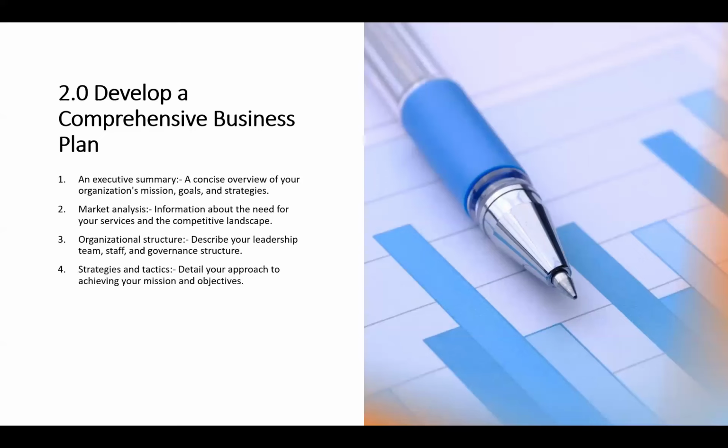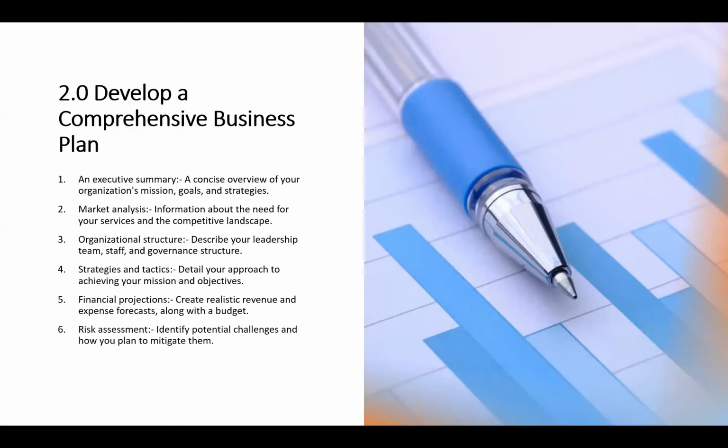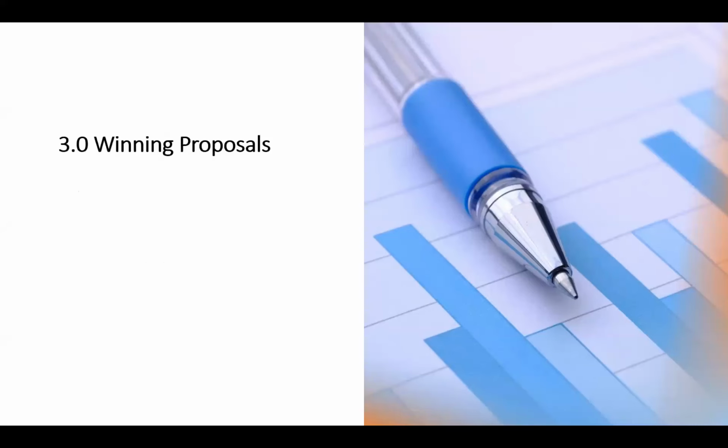And then you also have to describe a very strong organizational structure: your management, the staff, the governance structure, and the strategies and techniques that you're going to use. This is especially critical for SMEs. And then you must have financial projections that create realistic revenue forecasts along with the budget. And finally, you must have a very good risk assessment. I'm just giving you an overview of a business plan, but for more information, you need to approach an expert.